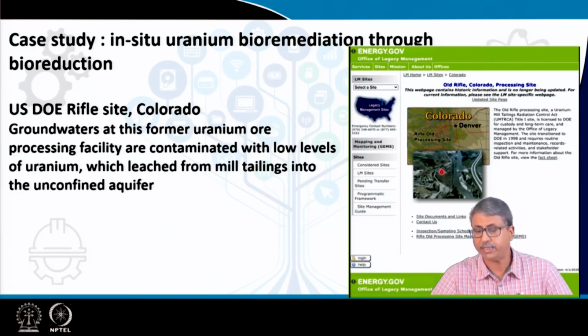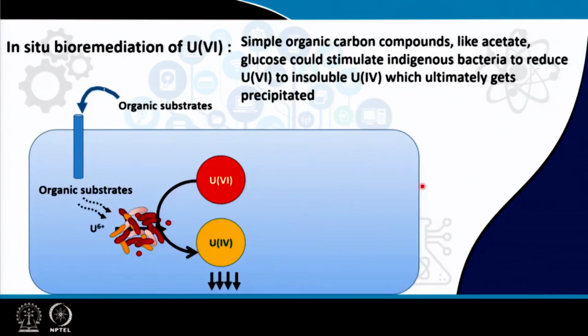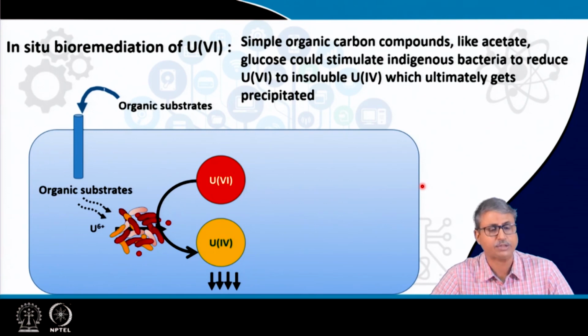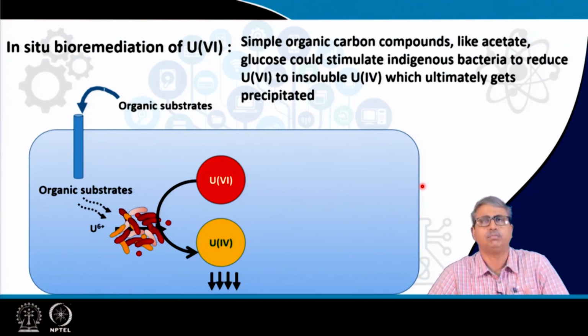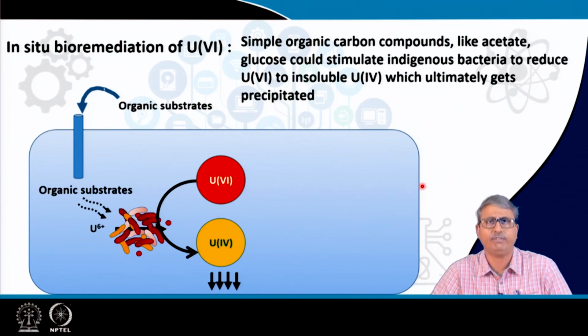So, here you can see again, under this facility, in the mill tailings where the tailings were dumped, a low concentration of uranium leached into the aquifer environment. Now, here also a similar strategy was adopted, where organic substances like acetate, along with a good range of compounds like methanol, ethanol, glucose, lactate etc., were tested in order to find their efficacy.